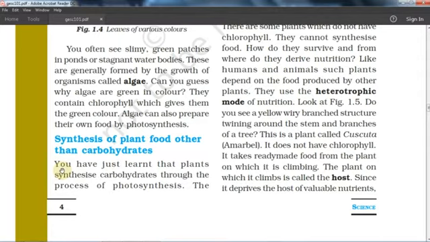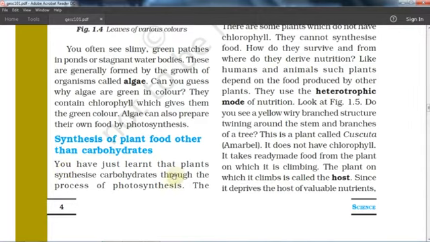And you can say directly that we have studied nitrogen is 78% in our atmosphere. Plants can use it directly, but it will not happen. Why? Because atmospheric nitrogen is inert, and it does not do any reaction.